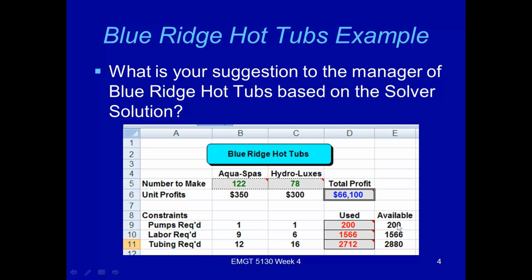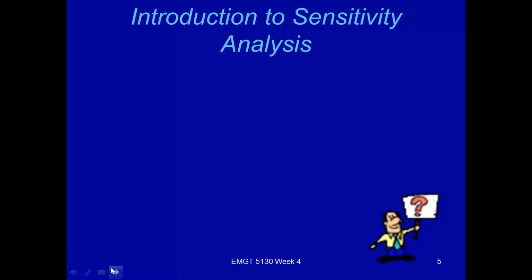Okay. And here are the available resources. As long as those resources change within this range, our profit will still be the same, but the number to make probably will change. Okay, so that's what the sensitivity analysis is going to tell you.